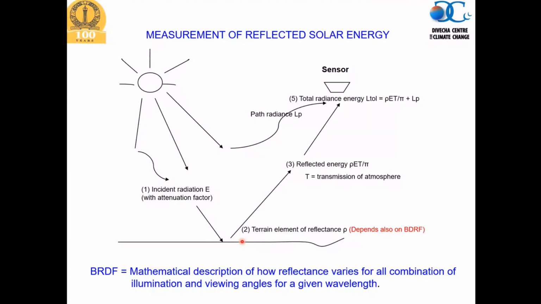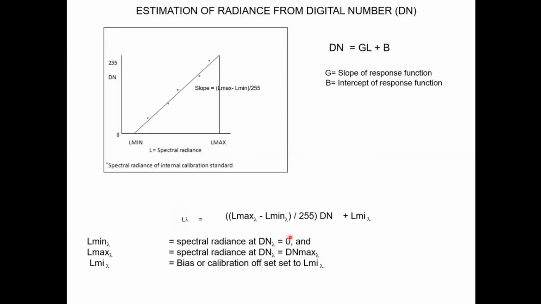So the sun angle and incident ray angle will change depending upon the position of the terrain, that means the slope angle and orientation angle. We will look into this issue subsequently. The mathematical description of all these aspects together is called the bidirectional reflectance function. We will not go into much depth on that.